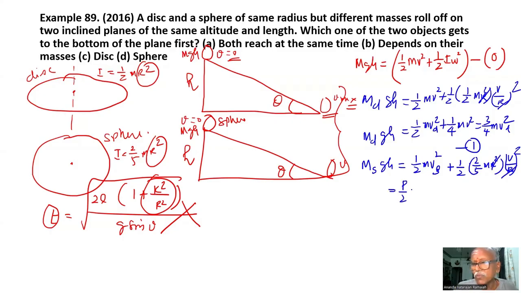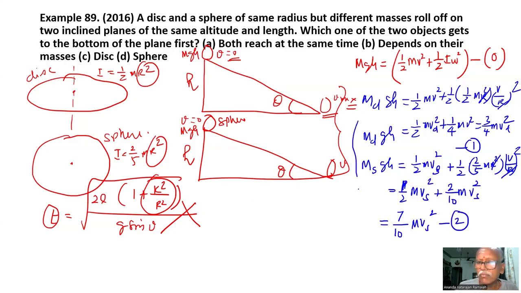Therefore 1 by 2 m v square plus 2 by 10 m v square, that is 7 by 10 m v square. Let it be 2. Now take both equations and find which velocity is higher, disk or sphere. We are going to check.